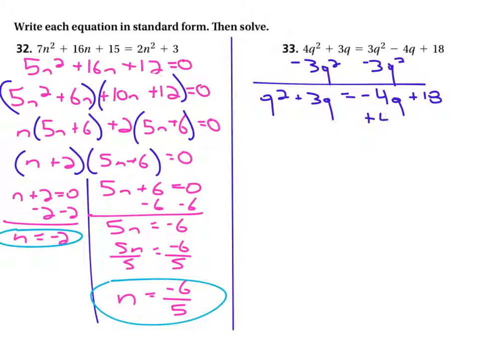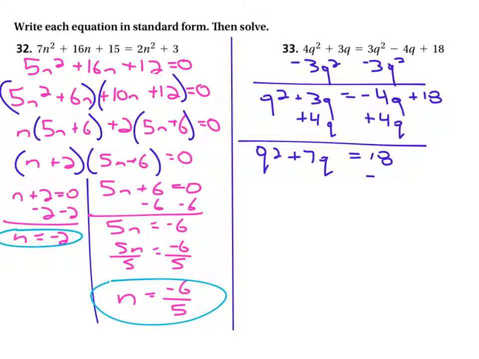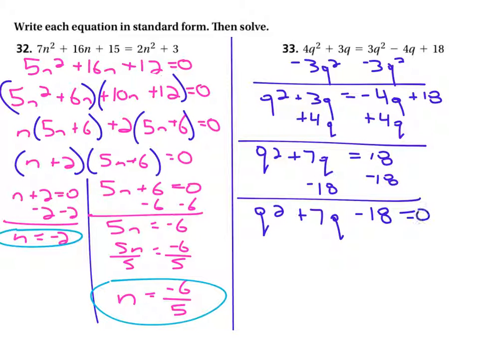And then we say, okay, what do we do now? We add 4q, trying to get everything onto the left-hand side. And we get q squared plus 7q equals 18. And then subtract 18 from both sides. And we result in q squared plus 7q minus 18 equals 0.